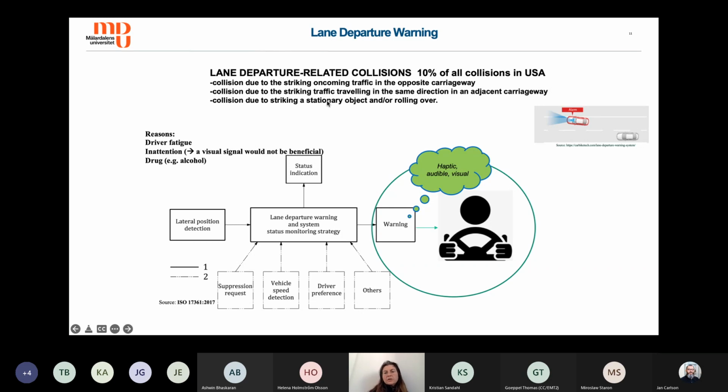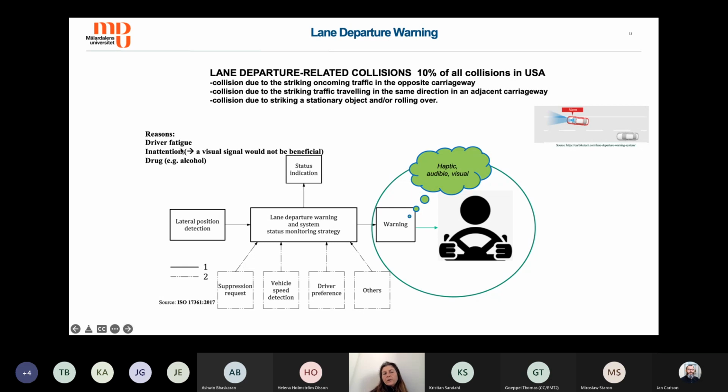And collision means that if you do not keep the lane, you may have a collision with the vehicle coming in front on the other carriageway, or you may go outside the road, etc.